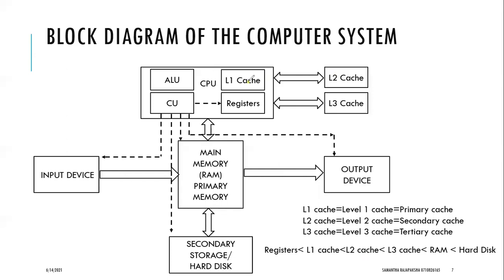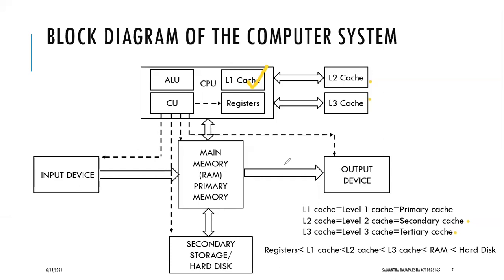Now we put the data in the level 1 cache. But after some time, the level 1 cache can also become full. In that case, we have two more cache memories outside the CPU, level 2 cache and level 3 cache. Level 2 cache we call the secondary cache, and level 3 cache we call the tertiary cache.